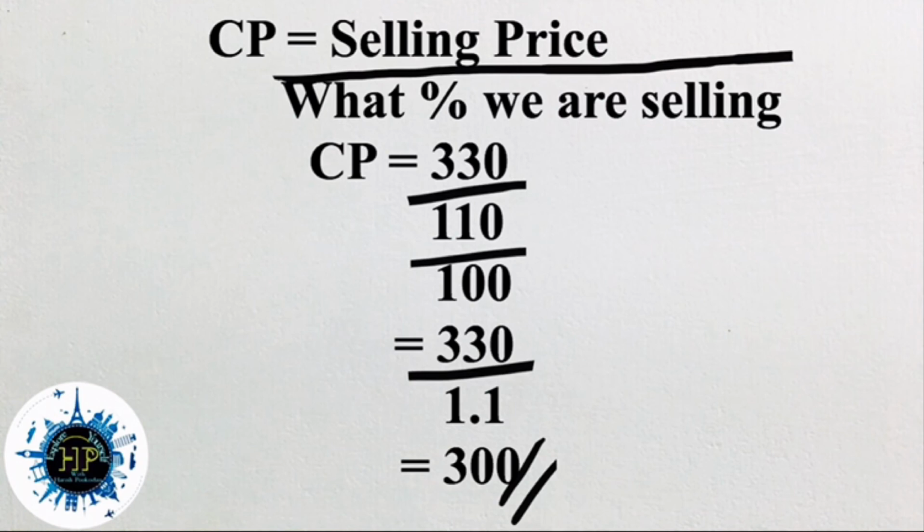If you solve this, it will be 330 divided by 1.1, which is equal to 300 rupees. So now we got the cost of the product. Cost price is 300 rupees.